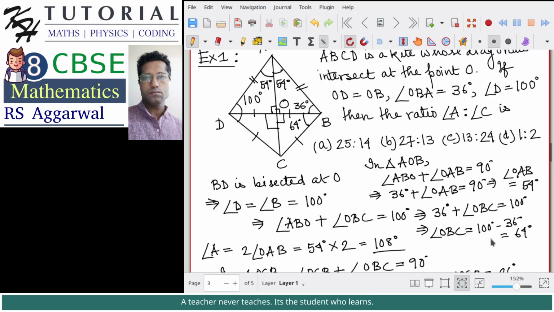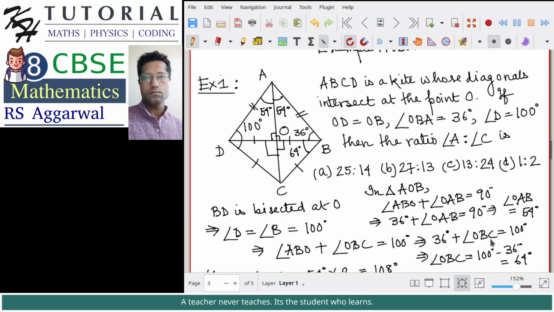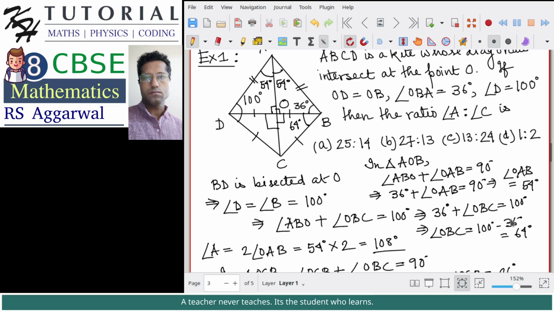And what will be angle A? In triangle AOB, angle OAB plus 36 degrees should be equal to 90 degrees. So angle OAB must be 90 degrees minus 36 degrees, which is 54 degrees.